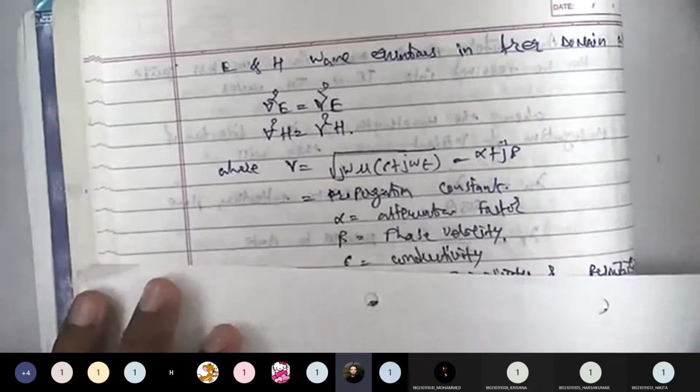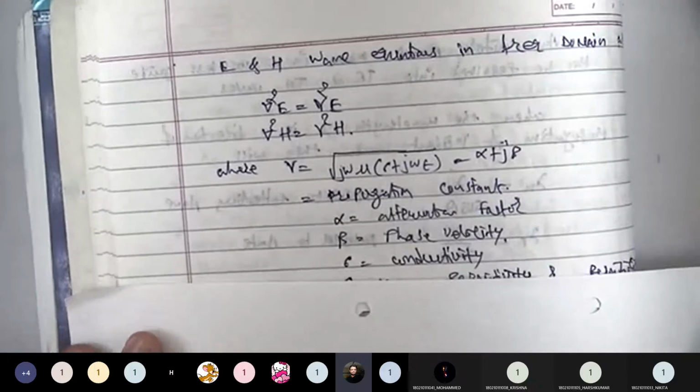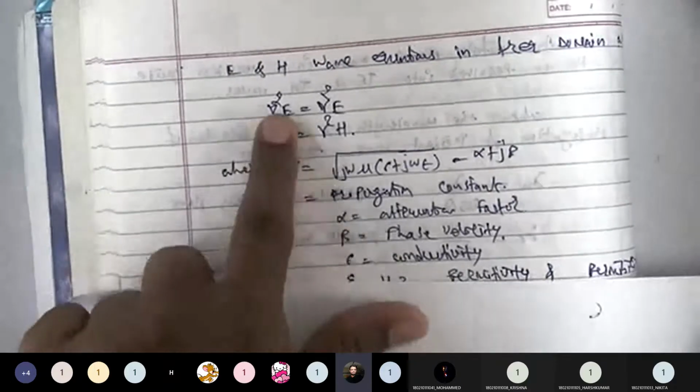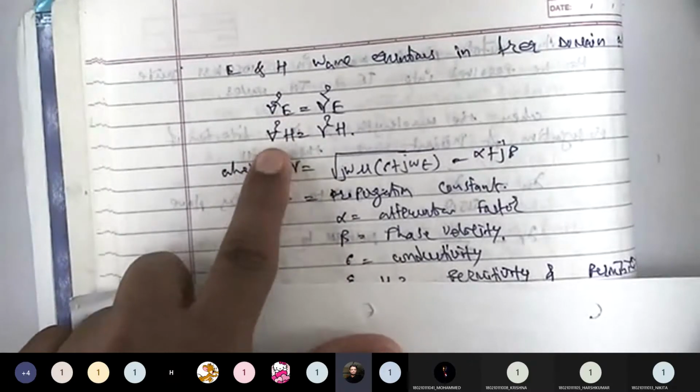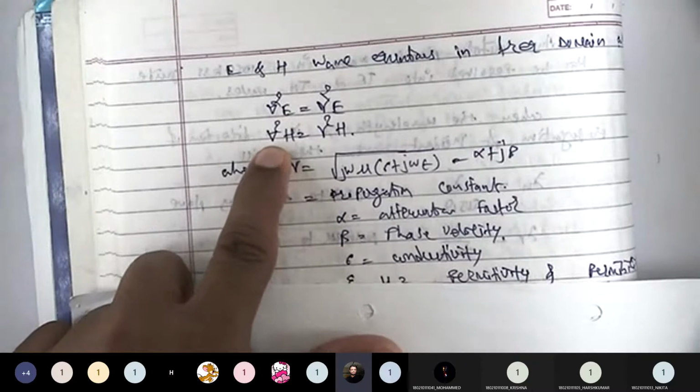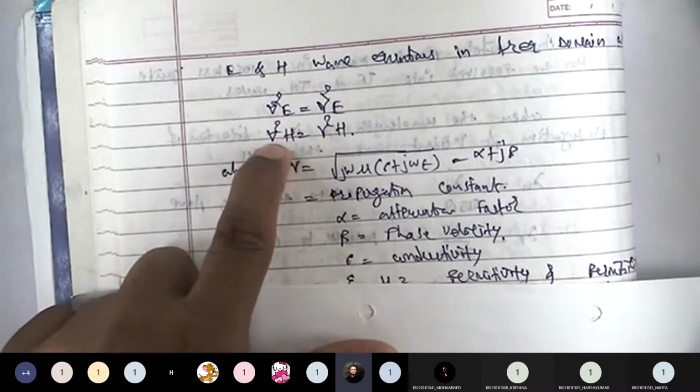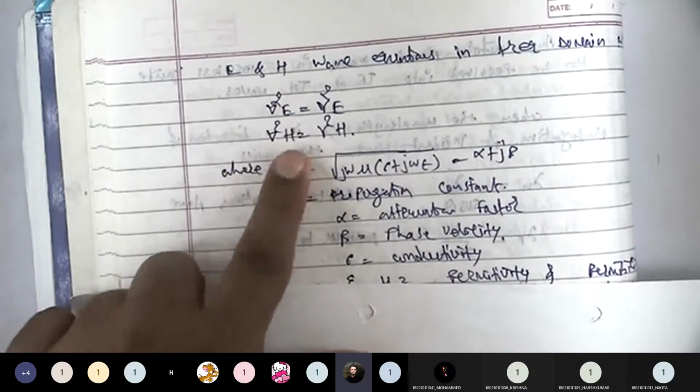Here, our objective is to find the solution of these two equations, which are the wave equations.